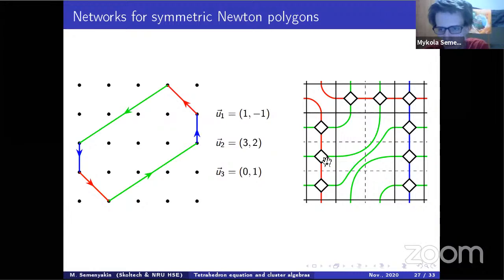I take some different product of Lax operators, and we can take the trace, for example, in this direction.